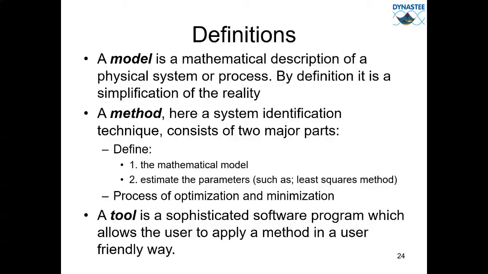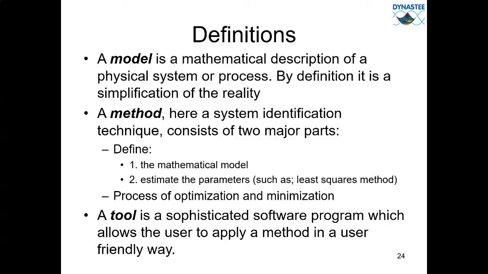And one of the tricks is to use the least squares method to reduce the error between the measured signal and the simulated data. So it is in fact the application of a process of optimization and minimization.